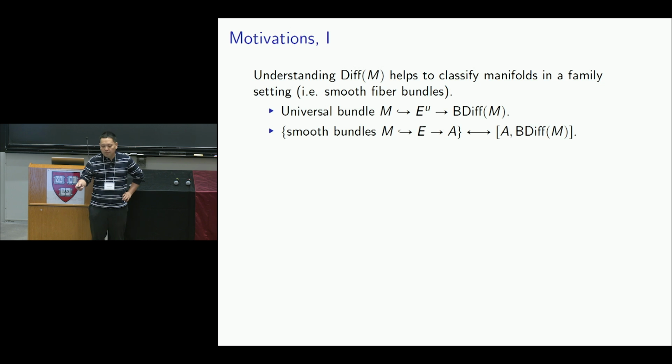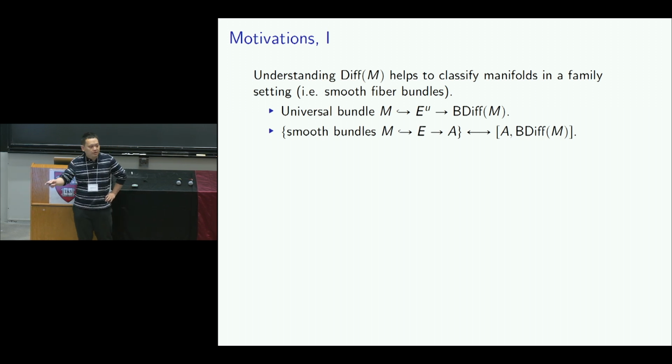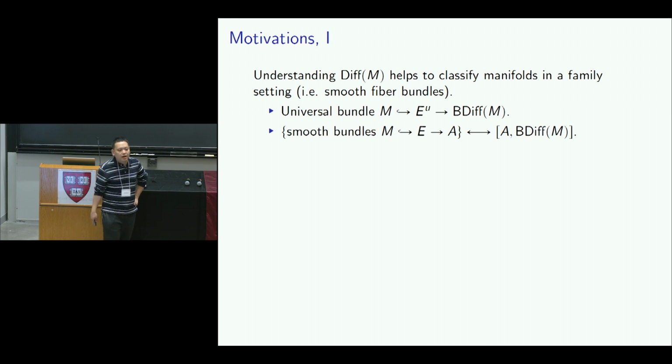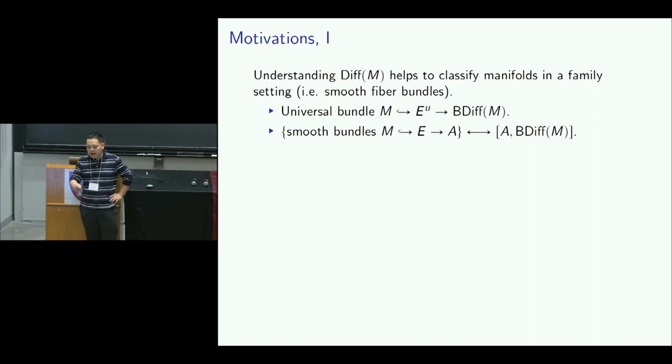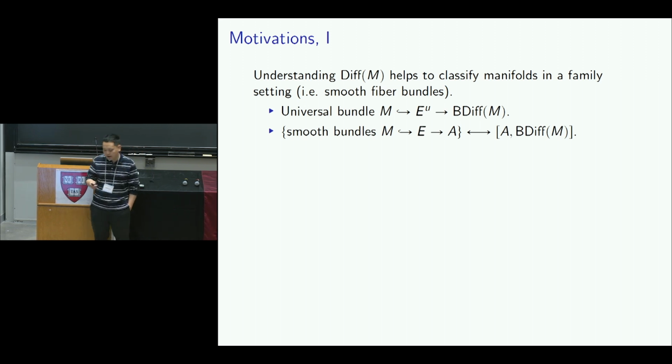So there is a one-to-one correspondence between smooth fiber bundles with a given fiber and a given base, and the set of homotopy classes of maps from B to BDiff. BDiff is the classifying space for this topological group. In other words, by studying the homotopy type of this classifying space, we can study the classification problem of smooth fiber bundles.